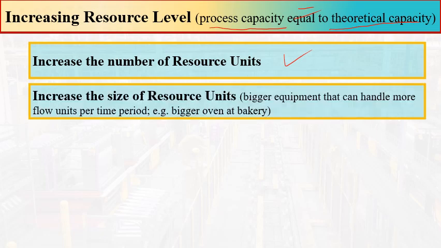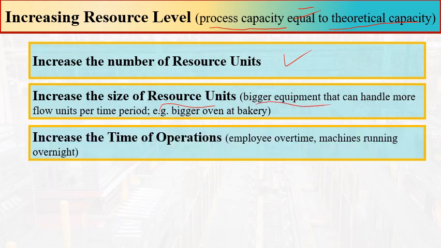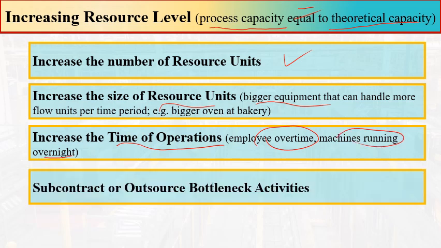We could increase the size of resource units, and this has to do with bigger equipment, machines, and so on. Increase the time of operations, which means things like overtime, machines running overnight. We could subcontract. Subcontract is another solution where you could get another company or organization to help you out. Or you could outsource some of the bottleneck activities.